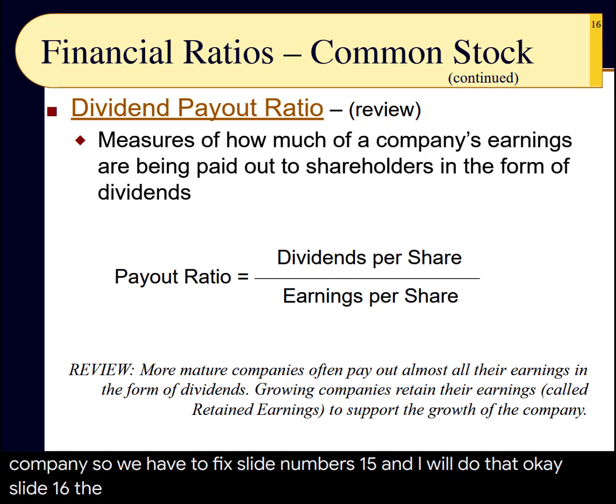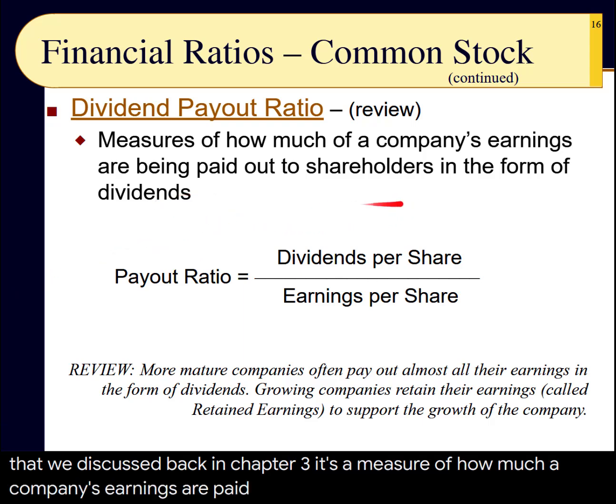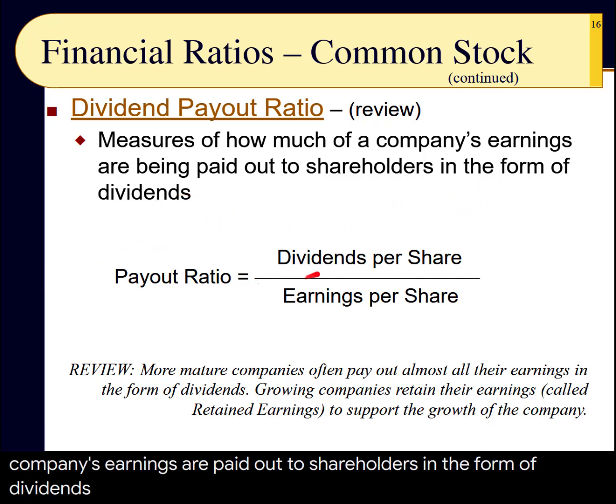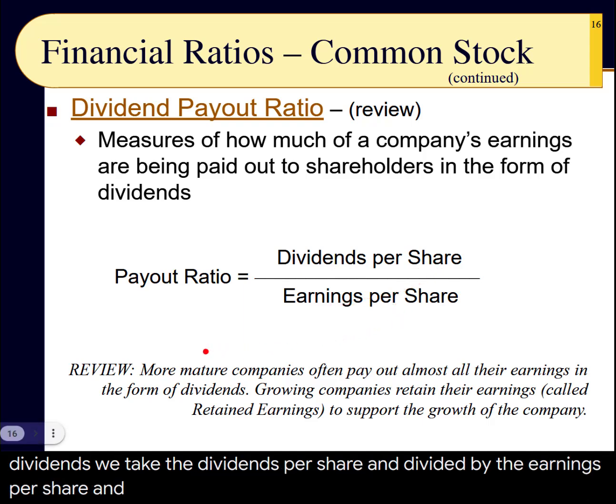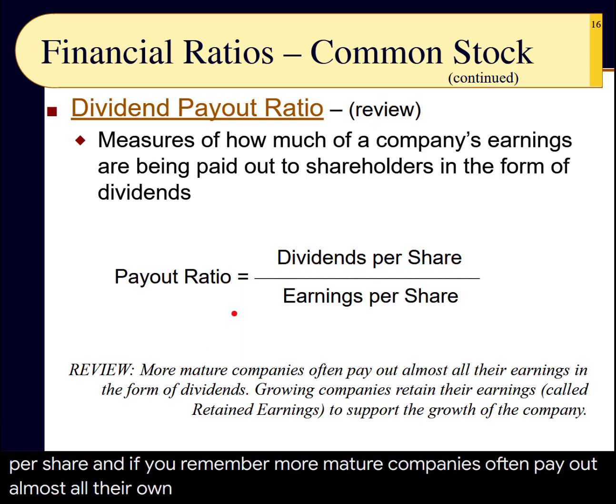The dividend payout ratio. Again, this is another ratio that we discussed back in chapter 3. It's a measure of how much a company's earnings are paid out to shareholders in the form of dividends. We take the dividends per share and divide it by the earnings per share. And if you remember, more mature companies often pay out almost all of their earnings in the form of dividends, or most of their earnings.